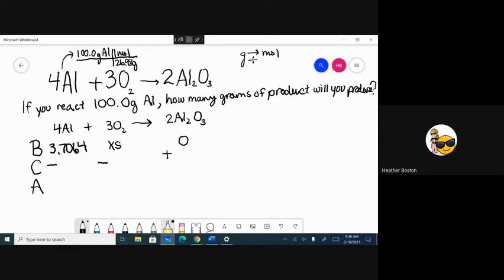Then we bring down the coefficients. So this number right here gets brought down on each one of these columns. So this is going to be 4x, 3x, and 2x.